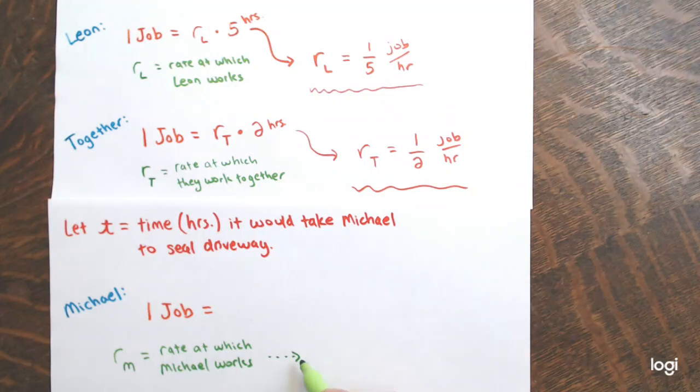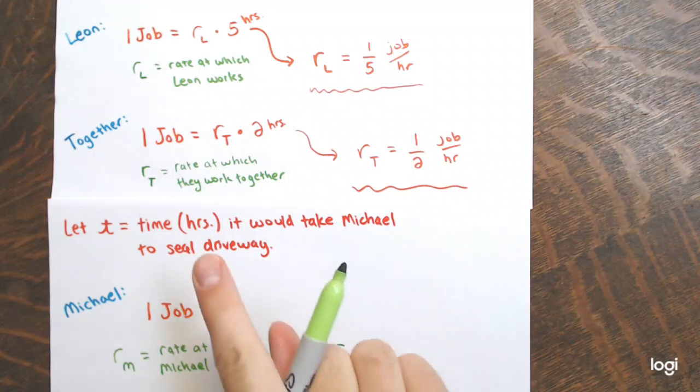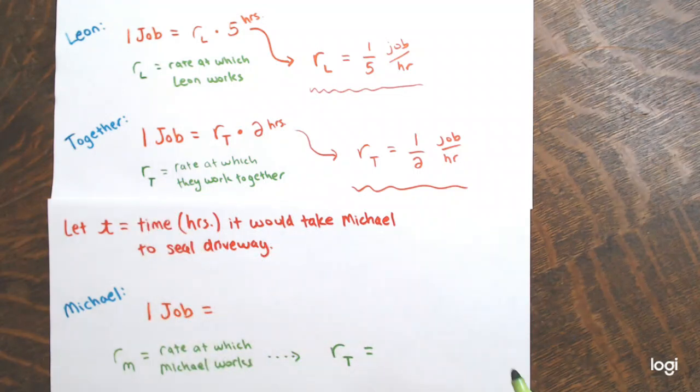Remember from the last problem, the rate at which people work together is simply the sum of all their individual rates. The speed at which they can seal the driveway together, that R sub T, is just how fast Michael works plus how fast Leon works.